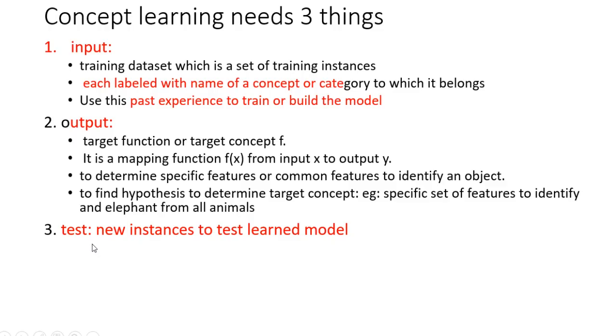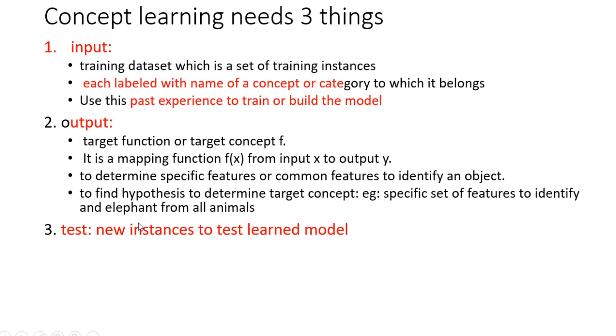Finally, you need to test it. So how do you test? Now you have trained your model and you also have your output function f, which is defining, okay, these are the features of an elephant, these are the features of a dog. You have trained it based upon this target concept f. Now you need to test on new instances. You have trained your model, let's say on 1000 images.